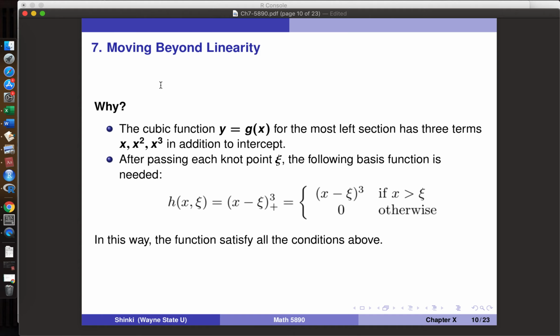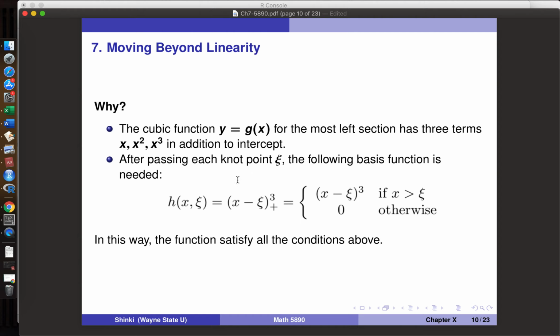So we only have one more parameter in the second region, between the first knot point and the second knot point. So for each knot point, we add four parameters, but we have three restrictions. So we only add one parameter effectively. So that's why we only have k plus 3 parameters.